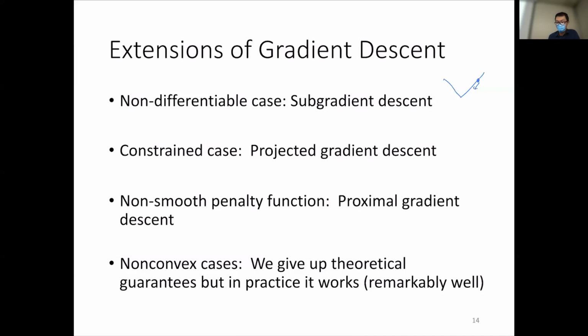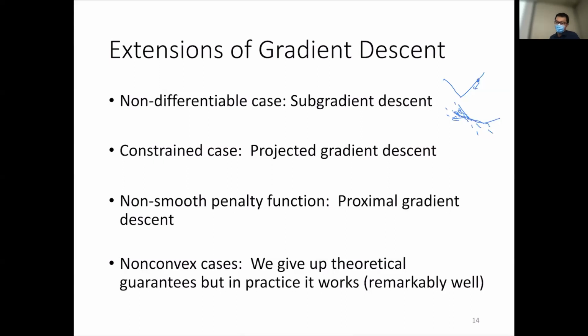But suppose you are in this region, over here. All you have to do is pick anything within the so-called subdifferential of this function at this point, which is given by all the possible linearizations of this function at this point. So all these directions are valid descent directions, and you can pick any of them.